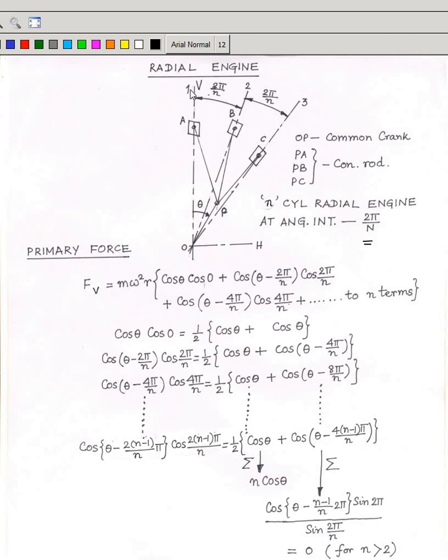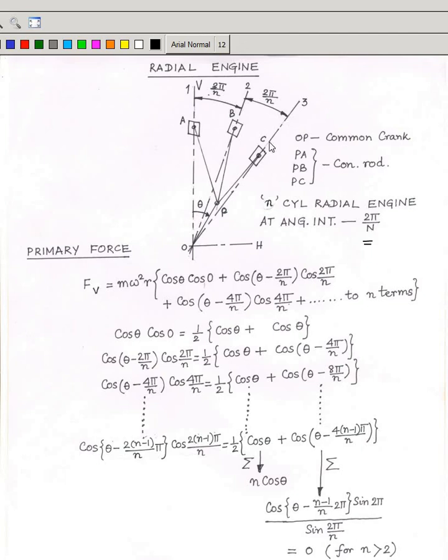Here for a radial engine only 3 cylinders are shown, but this is actually a radial engine consisting of n number of cylinders. Since there are n cylinders, this angular interval is 2π/n, and this is the common crank. So in a radial engine, you remember the crank is common.